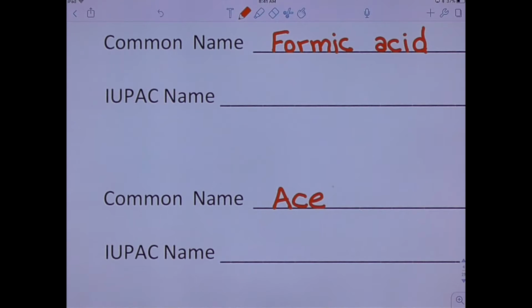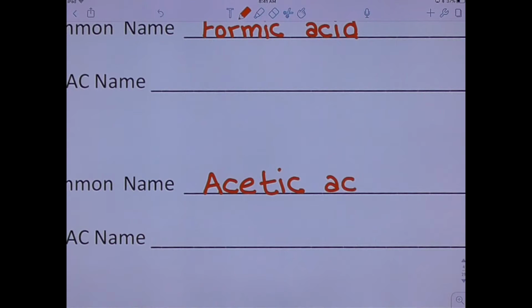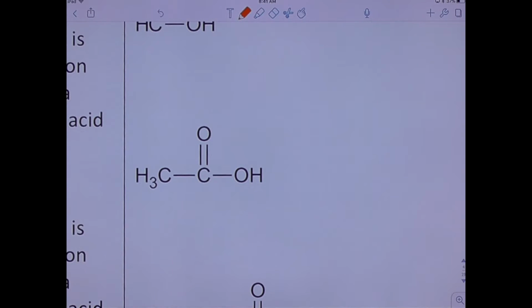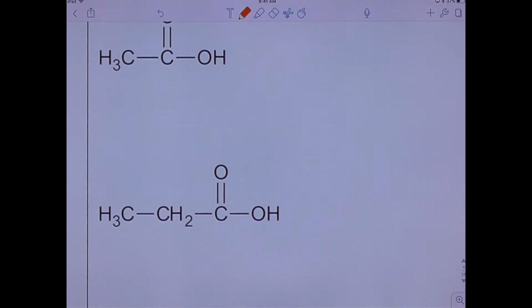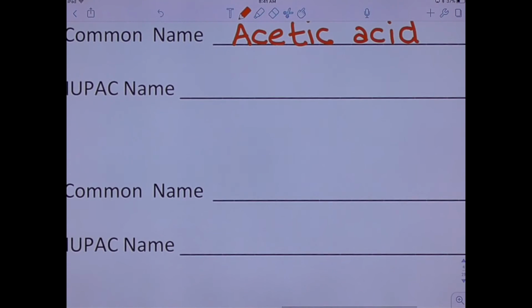You learned acetic acid, well, I attempted to teach you acetic acid in general chemistry where you had the HC2H3O2. This is just it drawn out now for you. 3 carbons, the common name is propionic acid. That sounds a little bit like propane, right?